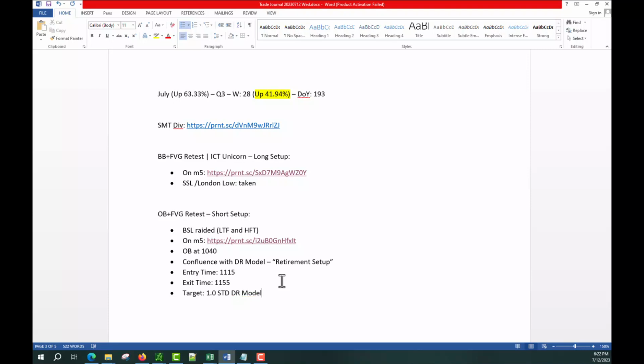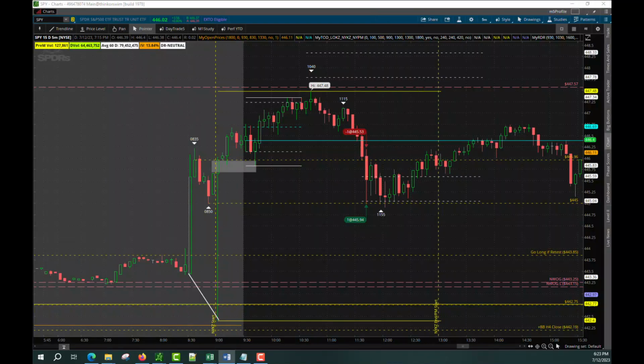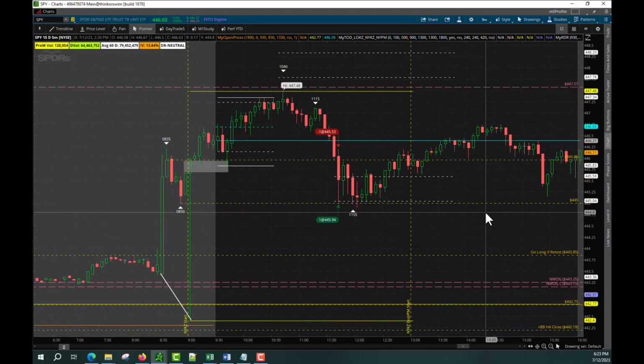Yeah, or in this case the sell side liquidity from the order block at 10:50. Yeah, 10:50. That's beautiful right there.